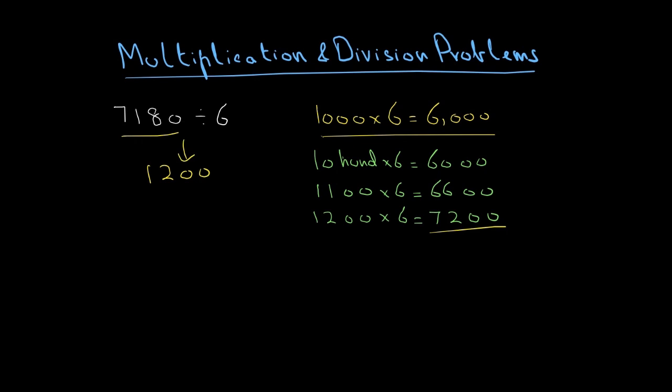Let's do it on the same page. 7,180 divided by 6. Please note I have 7,000, so I can certainly give 1,000 to each child. I'm going to have distributed 6,000, which means I'll be left with 1,000 that I'm going to interpret as 10 hundreds.